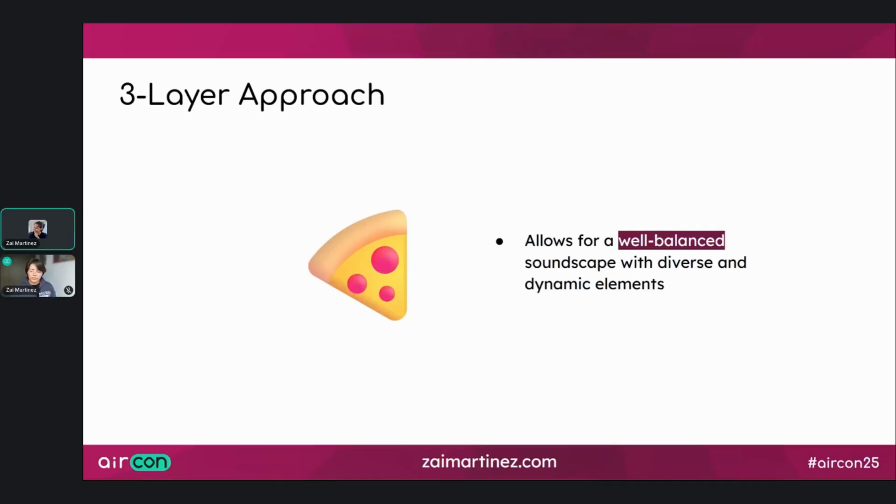You can take whatever you need from this. So, what is this 3-layer approach? This 3-layer approach will allow us to have a little bit more control with our ambiences, and it's gonna make them more balanced too.